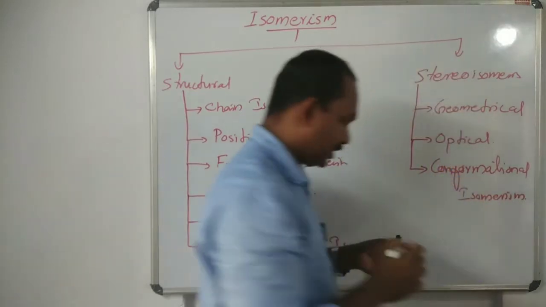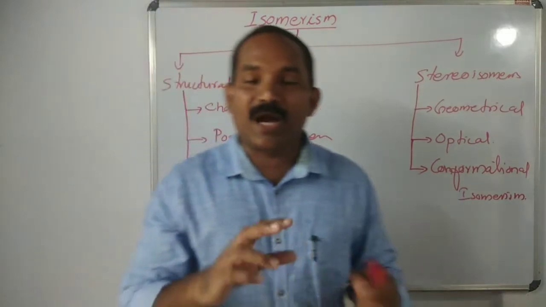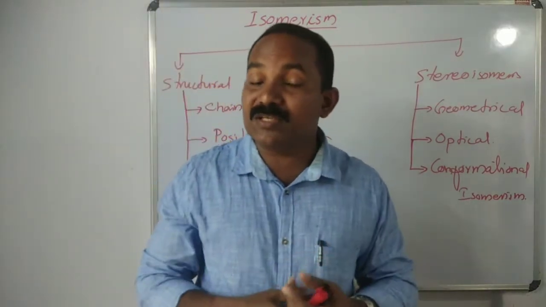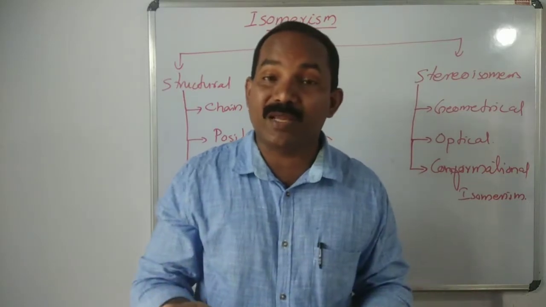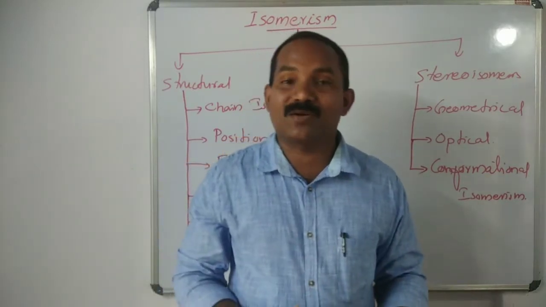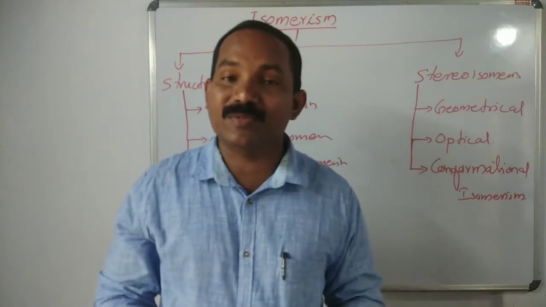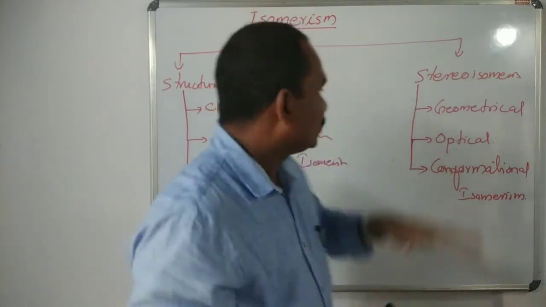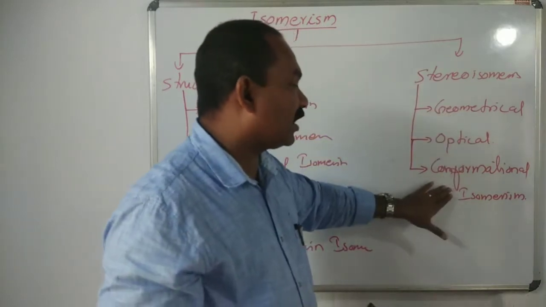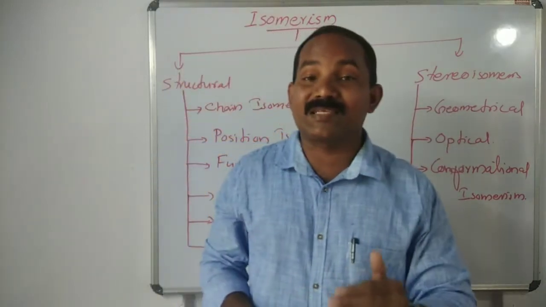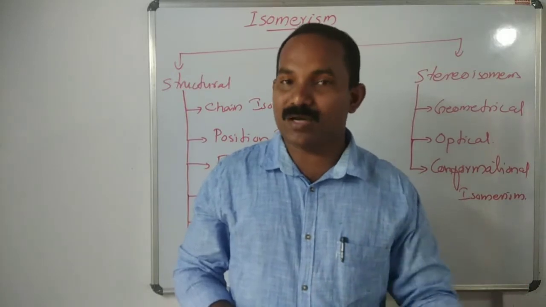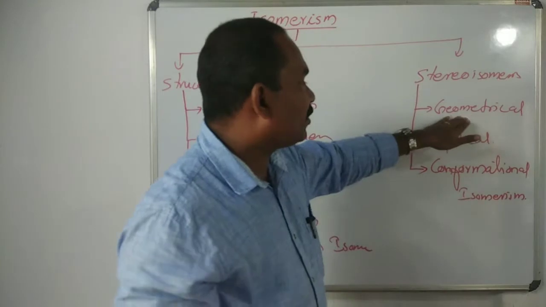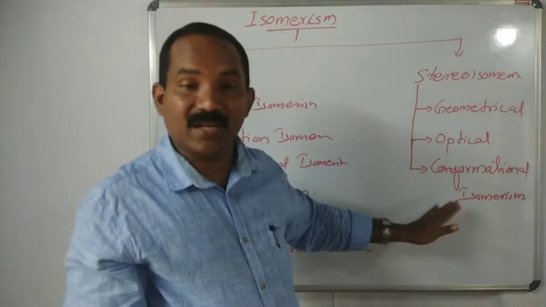When the carbon-carbon single bond rotates, different orientations and spatial arrangements are obtained. Such isomers are called conformational isomers, and the phenomenon is known as conformation. Geometrical and conformational isomerism we will discuss in the next chapter, hydrocarbons.